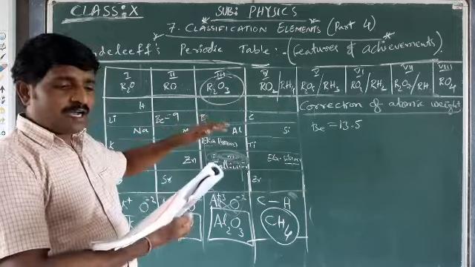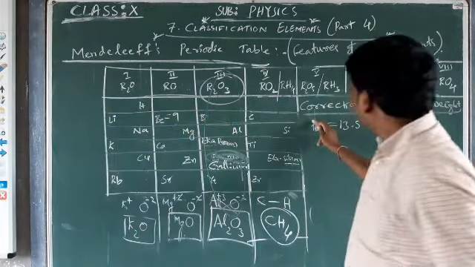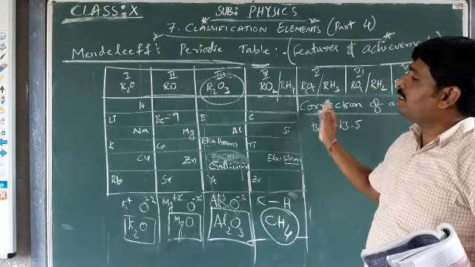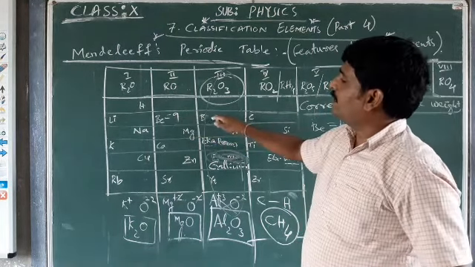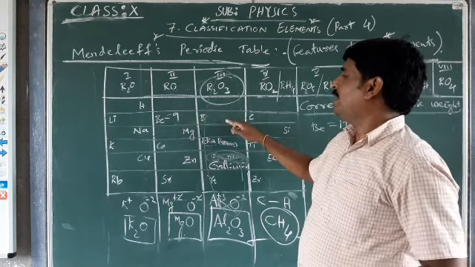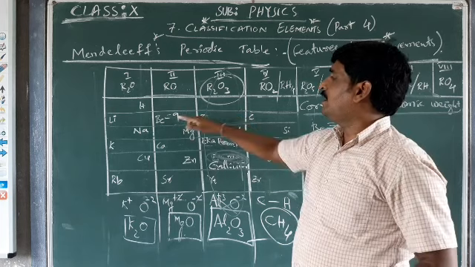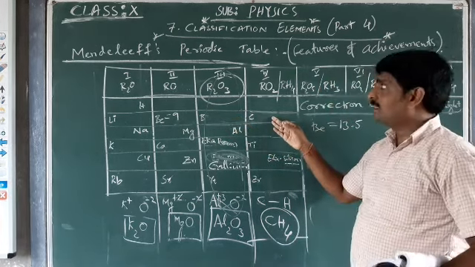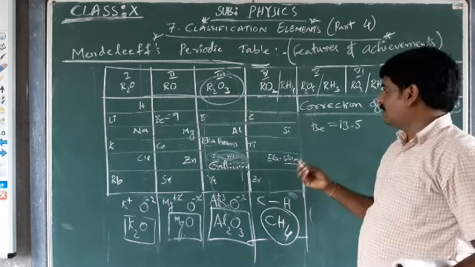13.5 means something after 11 and 12, so it would have been placed after carbon, with boron and carbon placed before it as 11 and 12. Beryllium would have been placed in this fourth group, as it is 13.5, before correction.